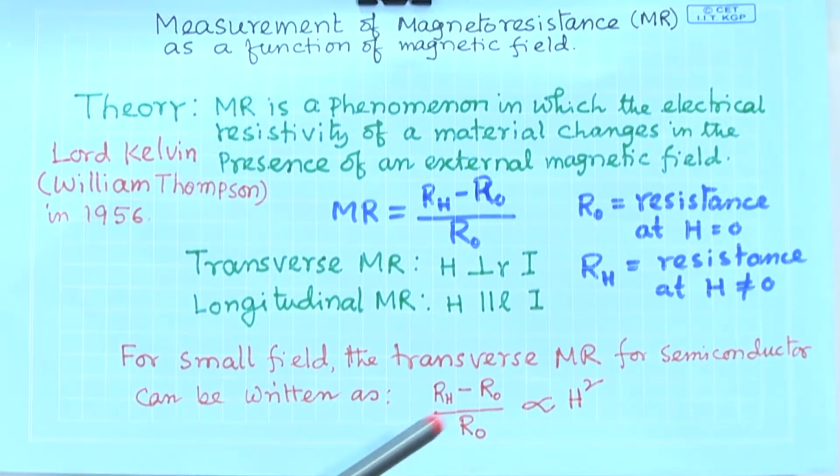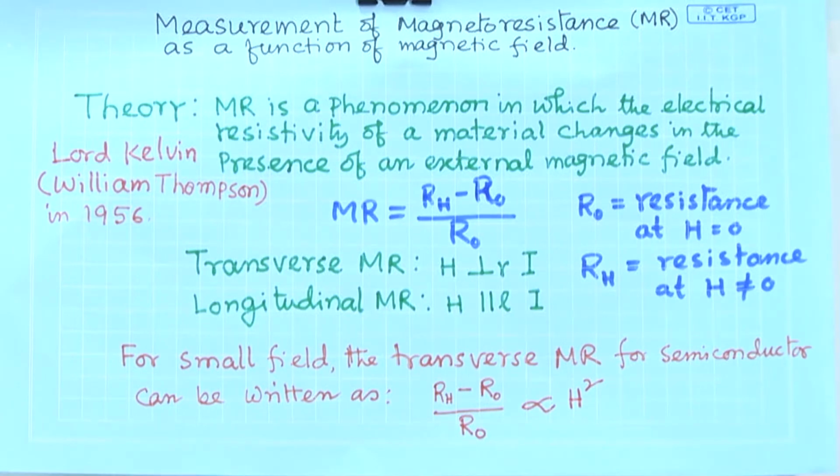Theoretically one can find that for small field and for a semiconductor the magnetoresistance depends on magnetic field. How does it depend? Whether it is linearly proportional or proportional to the square of the magnetic field. For metal, the dependence will not be this, it will be different.